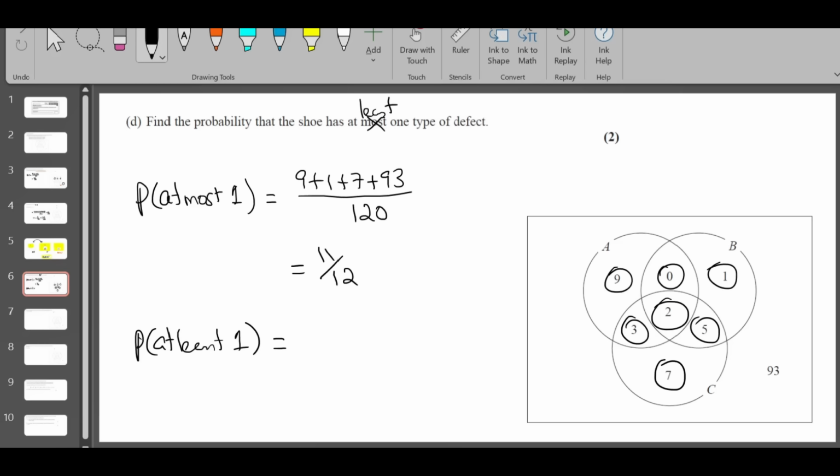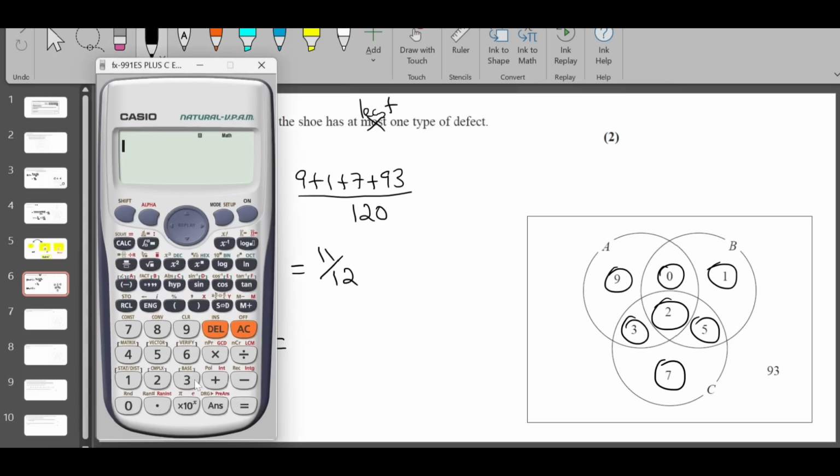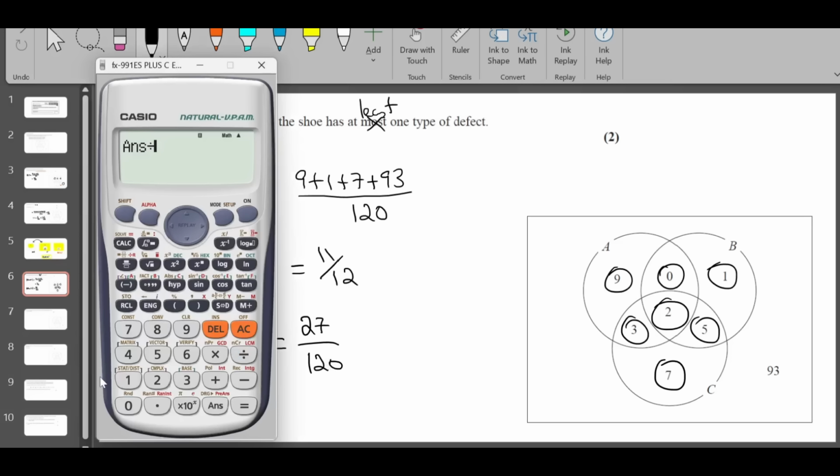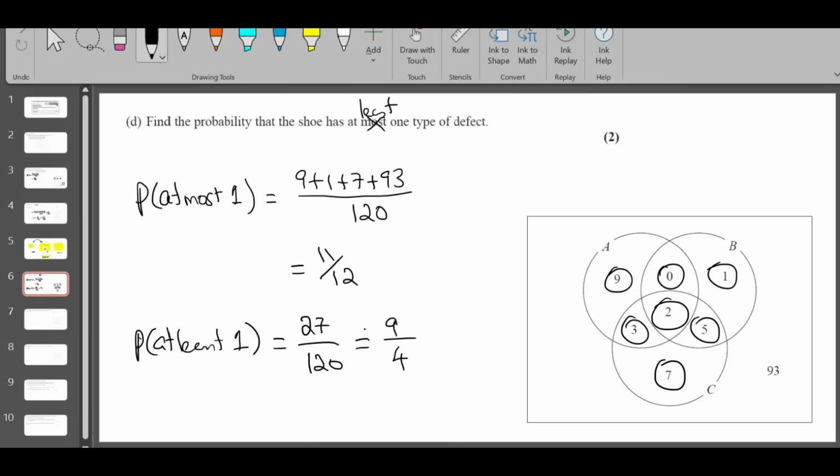So everything except 93. So basically you need to add everything, which is going to be 120 minus 93. It's going to be 120 minus 93 is 27 over 120. You need to put it in your calculator and write the simplified fraction, 9 over 40. It's not as in the question, I'm just explaining this.